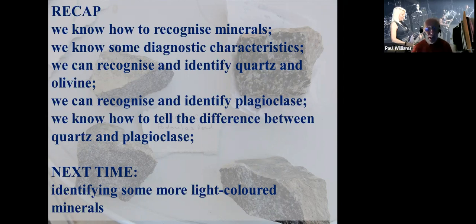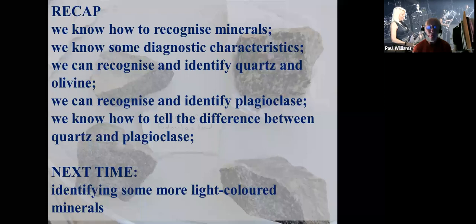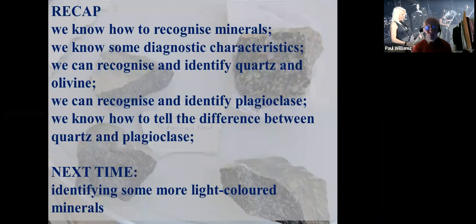And as I said, that is very important because most of the plagioclase you'll find will be occurring in mafic or ultramafic rocks. You do find plagioclase in the felsic rocks, but it's more common in the mafic to ultramafic rocks. Conversely, quartz you will find in the felsic rocks, in the granites.